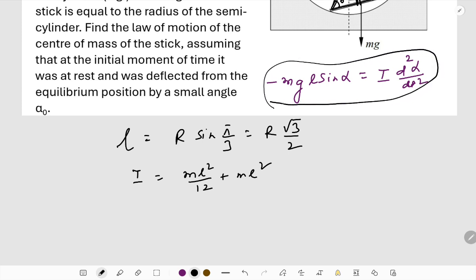We don't need to put the value of L right away.